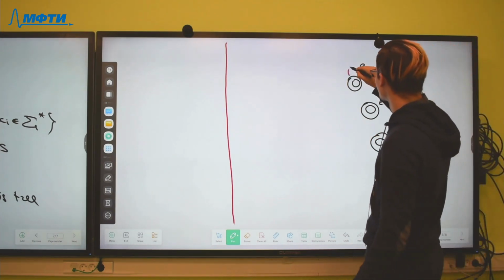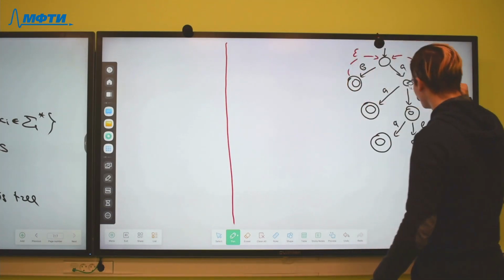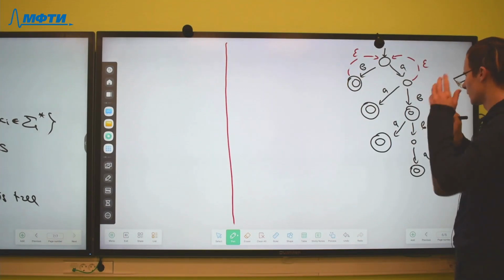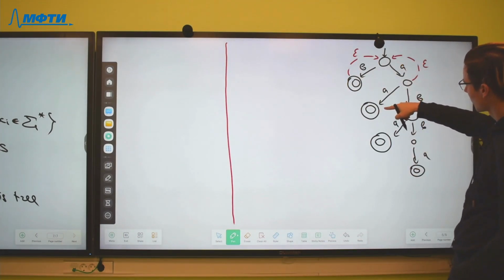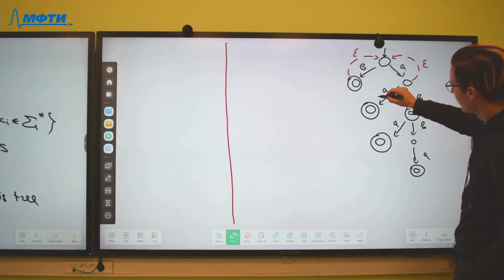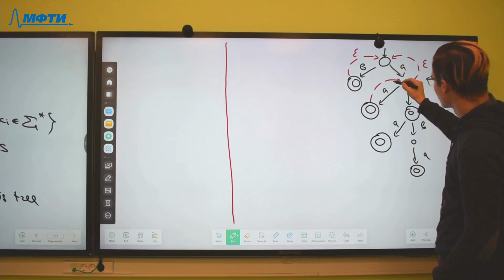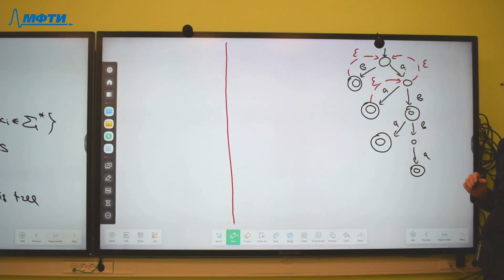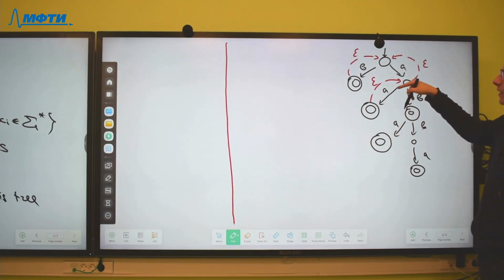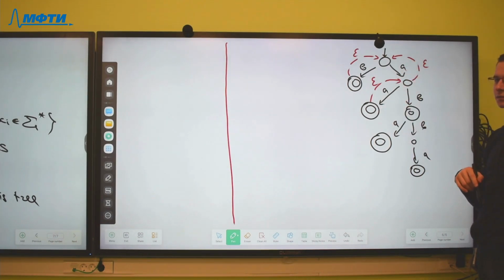Then, for example, for AA, we can draw this link, because AA has A as a suffix.